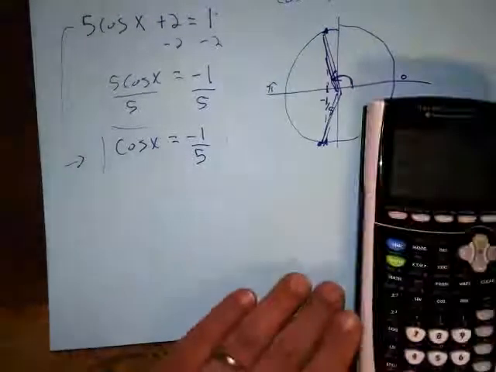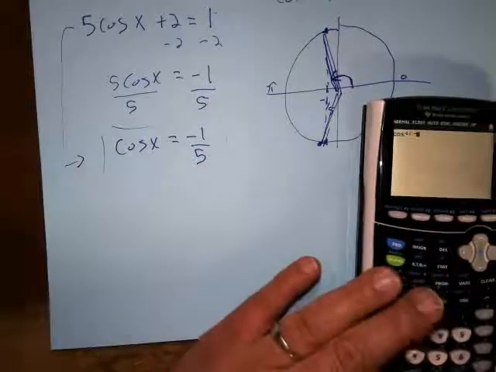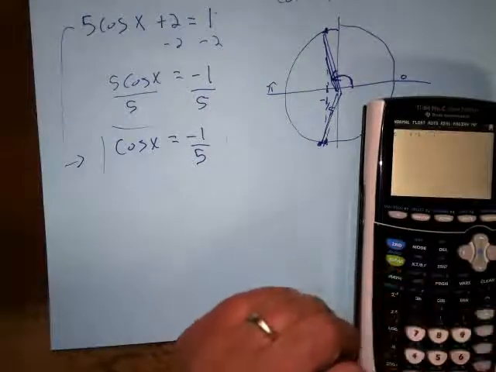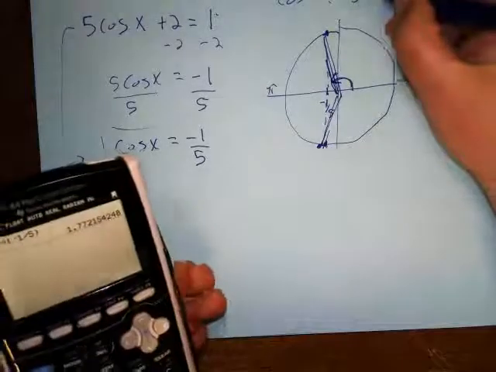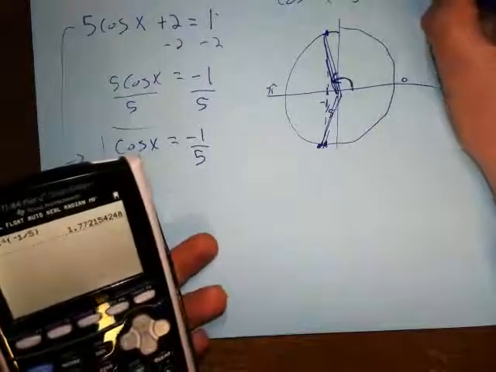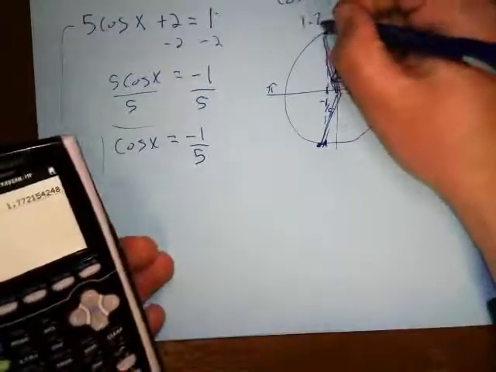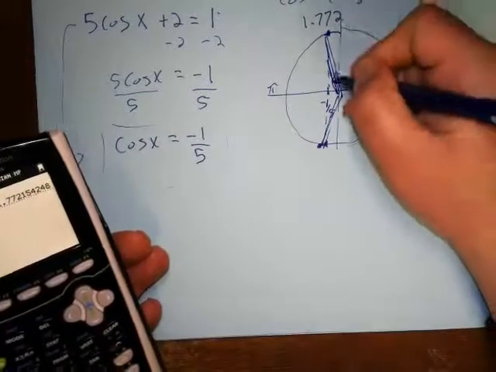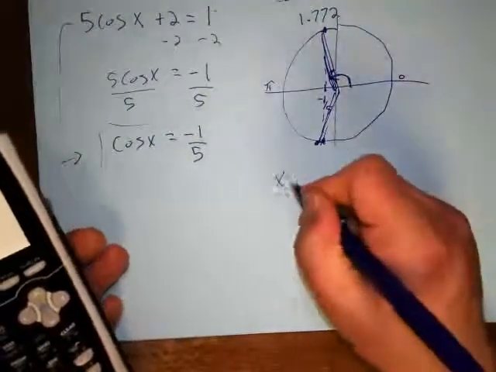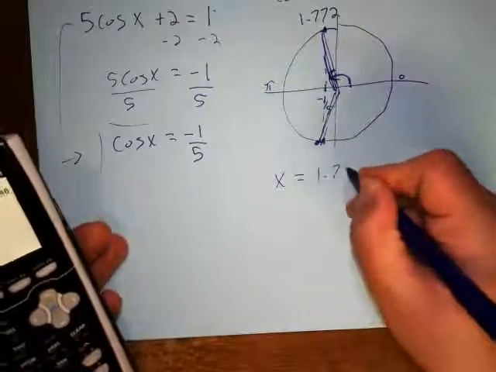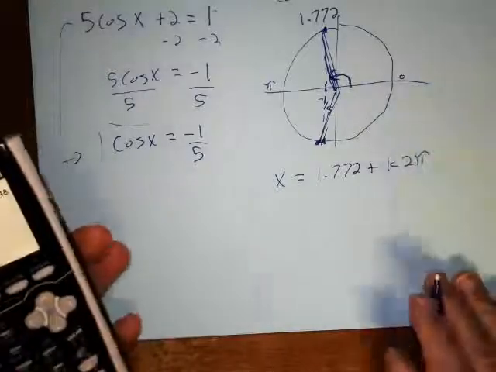So I'm going to do inverse cosine of -1/5, and it gives me 1.772. That's this angle up here, 1.772. Okay, and that's one of them: 1.772 plus k times 2 pi. And so we're good there.